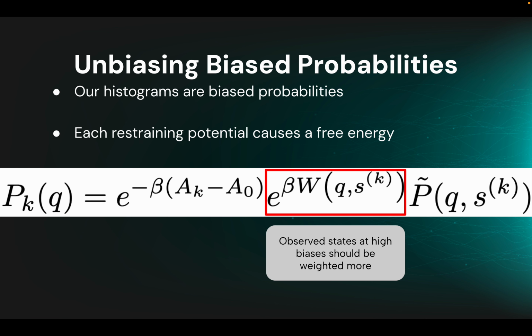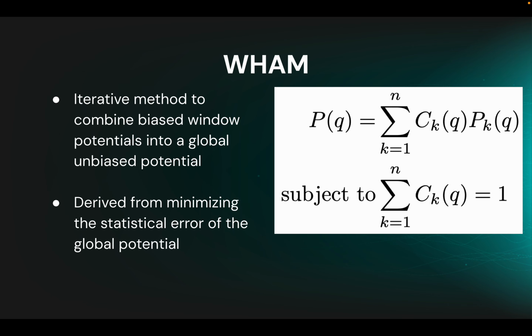So if we observe a state where we had a bias function with a high potential, yet we still see something crossing over that high added bias potential, then it's a pretty significant observation, because it means that our underlying energy landscape is so significantly beneficial to be in that state that even with the bias, it still was observed.